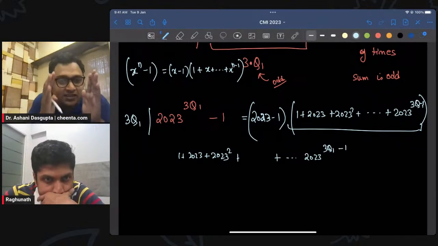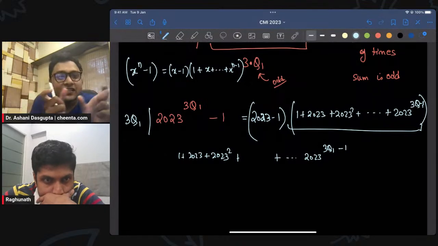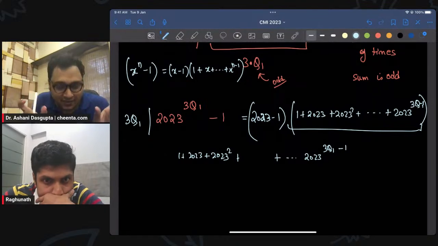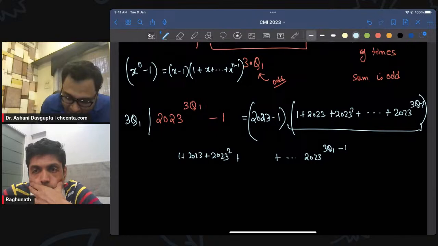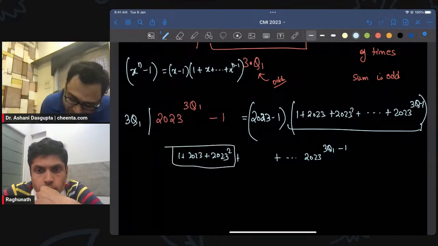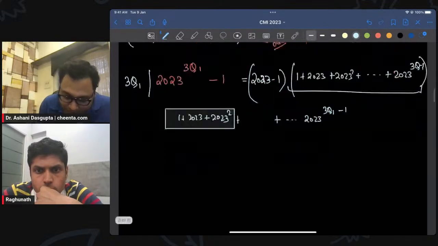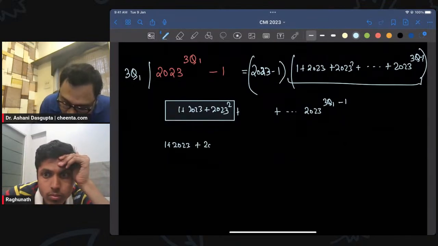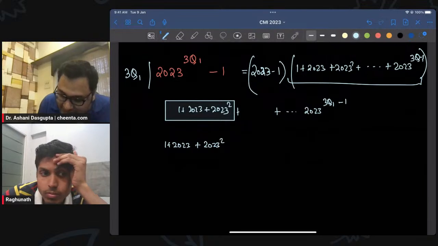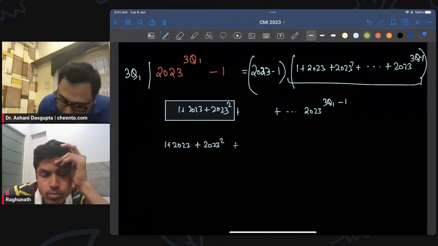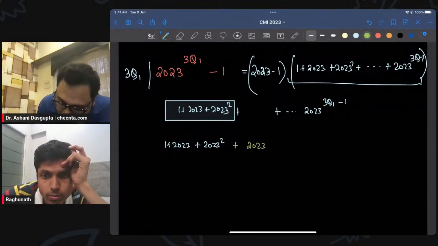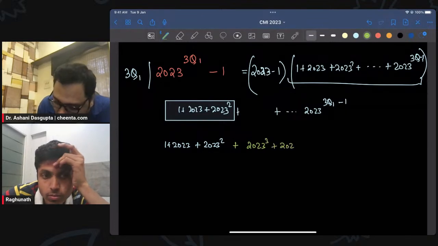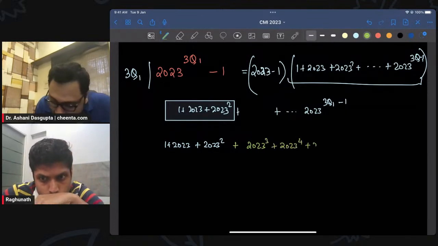So I will split it into q1 parts. The first part would be 1 plus 2023 plus 2023 square. The second part will be 2023 cube, 2023 raised to the power 4, 2023 raised to the power 5.